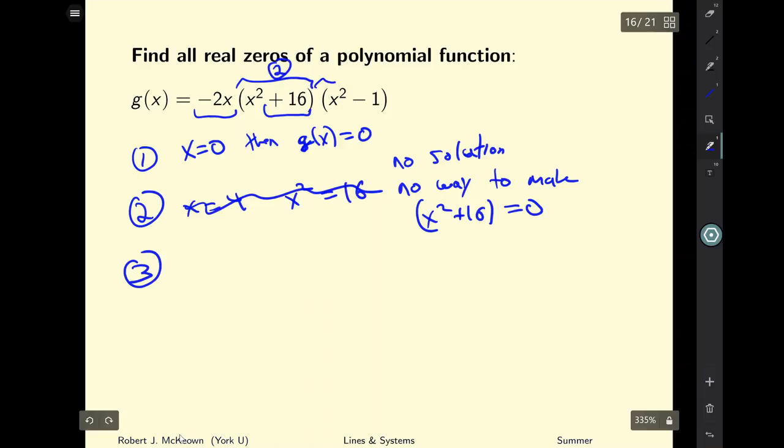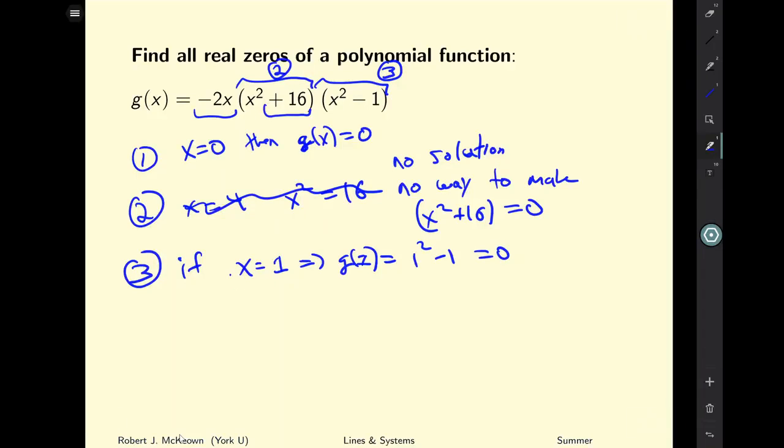What about the third? This one's a little more promising because we have a negative sign there. If x is equal to 1, then g of x, or I should say g of 1, is equal to 1 squared minus 1, which is just equal to 0. So if x is equal to 1, g of x will be equal to 0. Is there any other value?